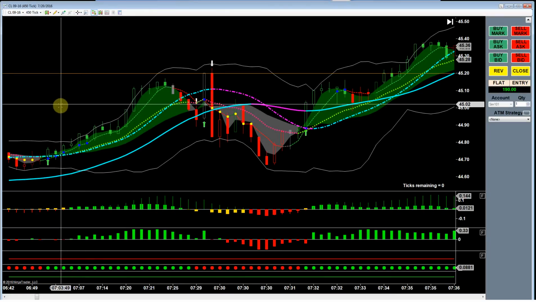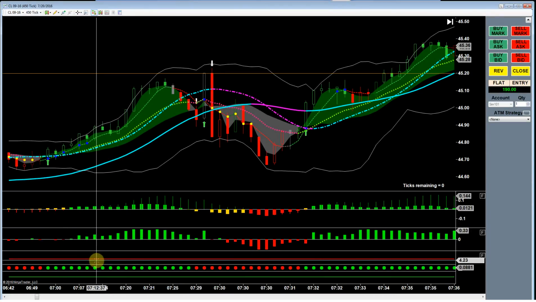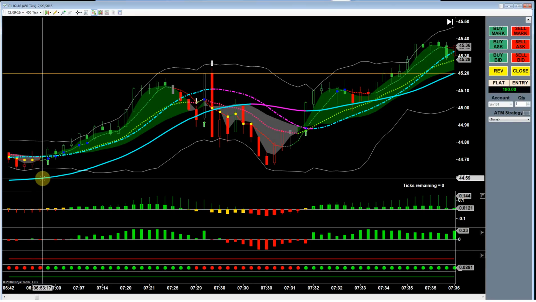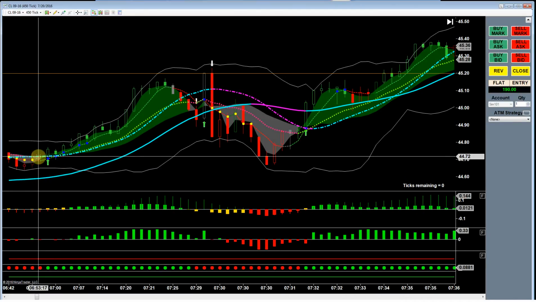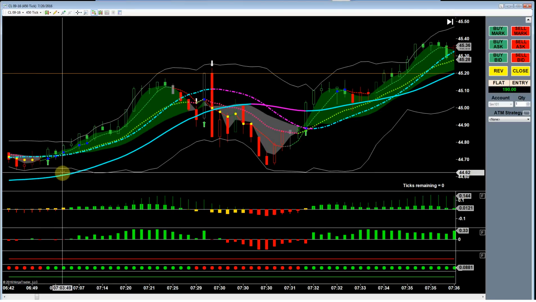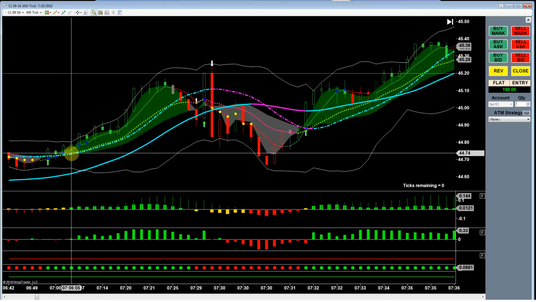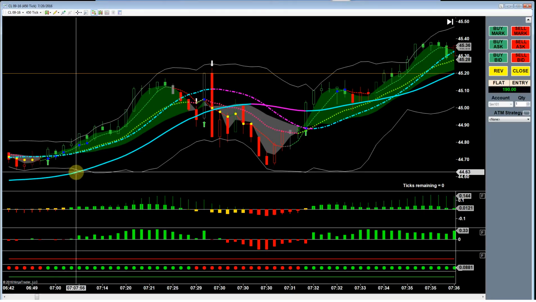Now, once you understand these Boomerang components down here, you'll find that all we're going to be mainly focusing on is the next set, which is these very simple dynamic trend bands. That's this magenta or bluish color line running through here, dashed and dotted, is dynamic trend band number 1, and dynamic trend band number 2 is this thicker bluish line here.